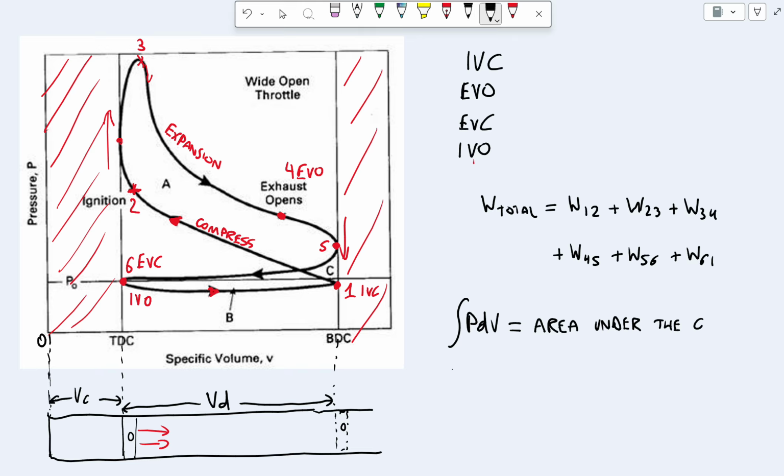The definition of an integral is the area under the curve. So that means that if we can find the area under the curve for each piece, curve 1 to 2, curve 2 to 3, so we've pieced it up into different pieces, we can actually find the total work. Okay? And in future videos, we'll look at some equations that we can use to be able to find the total work.